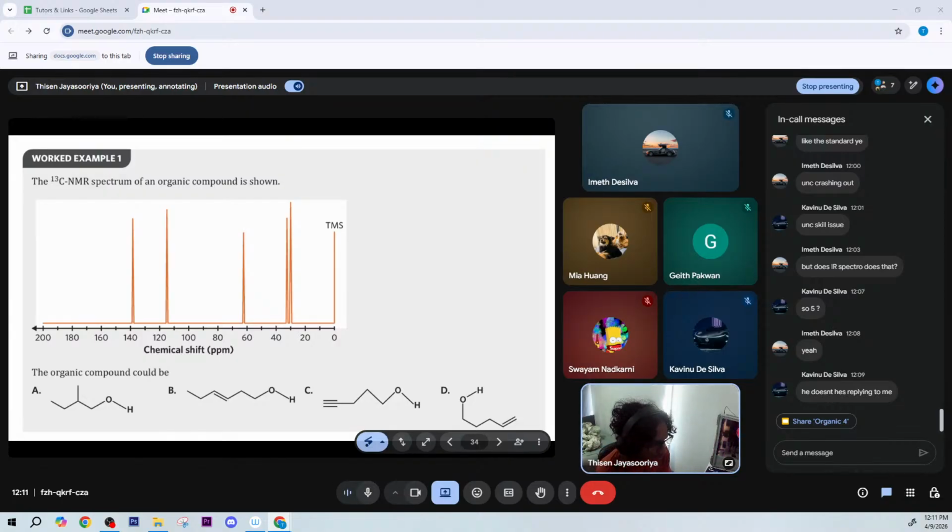I'll just ask everyone, what compound could this be? Is it A, B, C, or D? I want you guys to have a think through this. How many carbon environments does it have? And how can we determine which one has that many carbon environments?